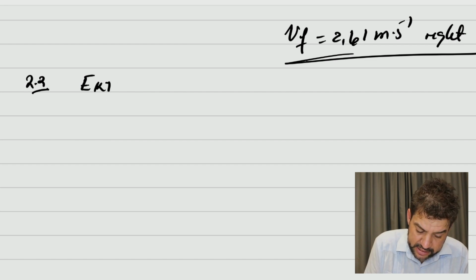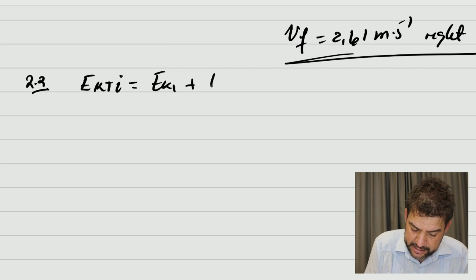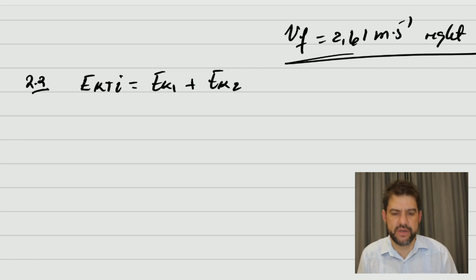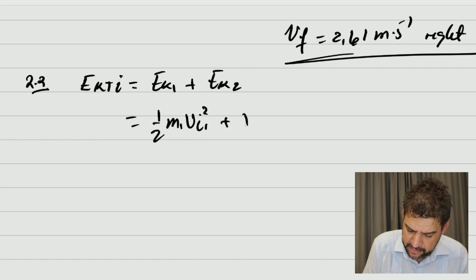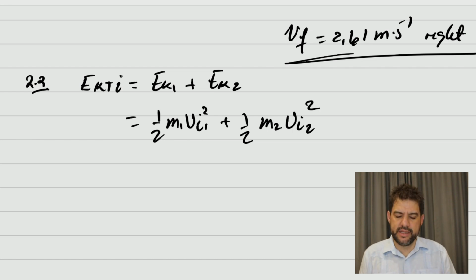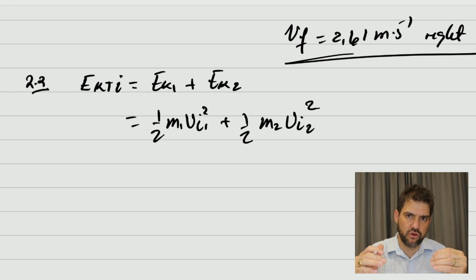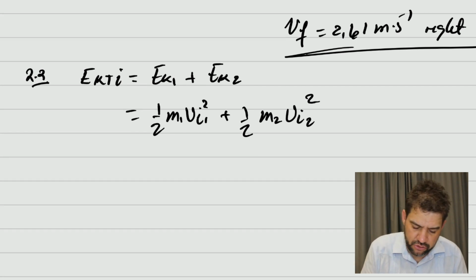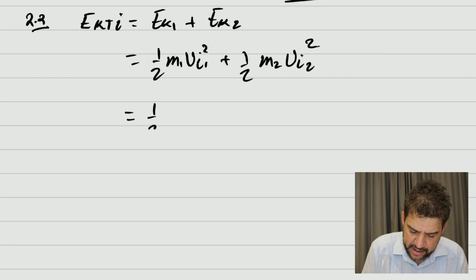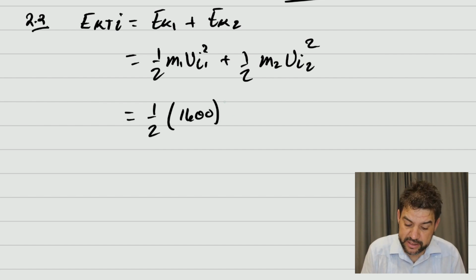Kinetic energy total initial is equal to kinetic energy 1 plus kinetic energy 2. All this one is initial. So this one is equal to half m1 v initial 1 squared plus half m2 v initial 2 squared. We always do it like this, separately. We first calculate the total kinetic energy initial, then we calculate the total kinetic energy final. So let's substitute. We have half, the mass is 1600, multiplied by the initial speed, which is given, 30.